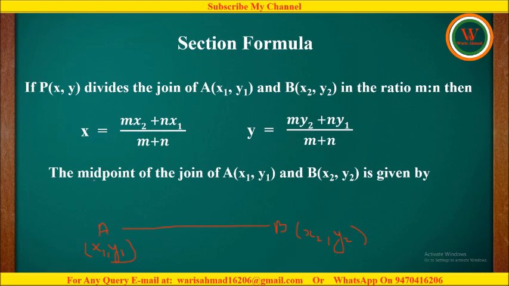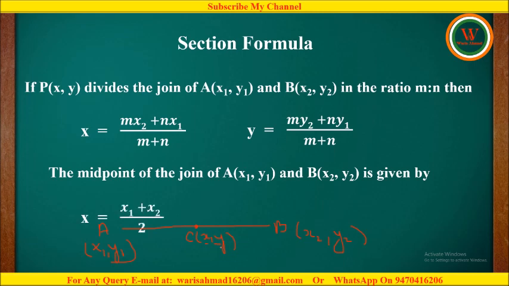Suppose we want to find the coordinate of the midpoint of AB. Suppose the midpoint of AB is this one, C, whose coordinate is x and y. If C is the midpoint of AB, then what is the value of x and y?